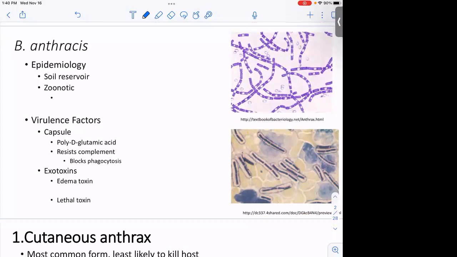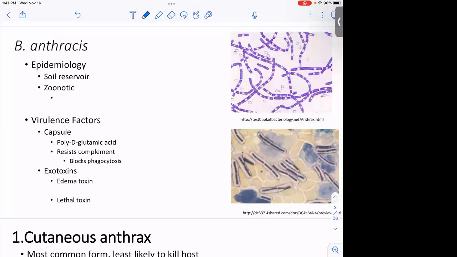So about one a year, very rare. And then, of course, in 2001, we had the terrorist attacks of 9/11. And in that, we had 22 cases from that. 5 people died. So the thought is, well, we need to be aware in case something like this happens again.